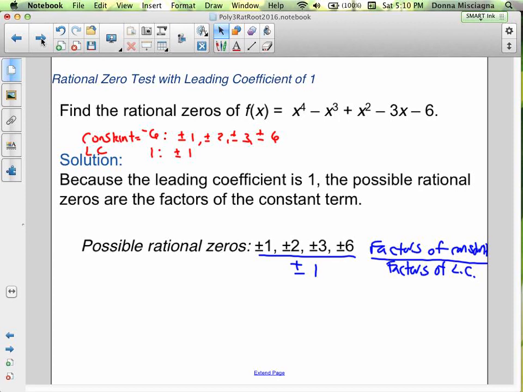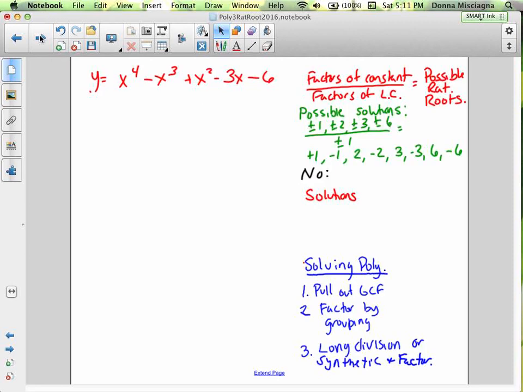So out of all the infinite number of numbers there are, there are only 8 possible choices for our rational roots, our rational solutions: +1, -1, +2, -2, +3, -3, +6, -6. That's it. Those are the only choices, the factors of our constant term divided by the factors of our leading coefficient.